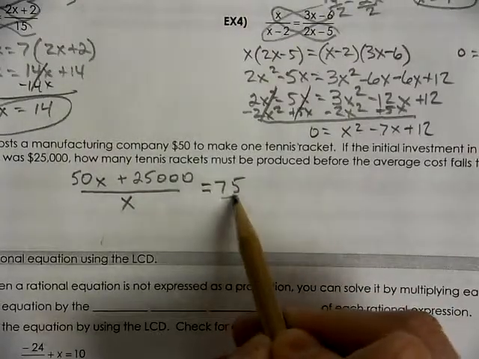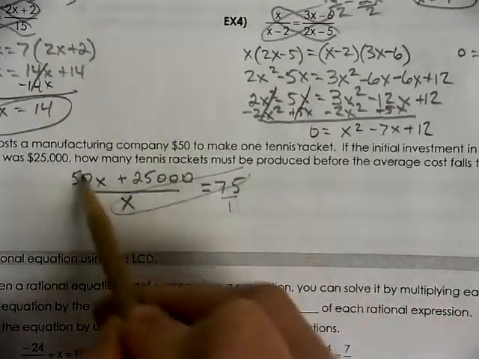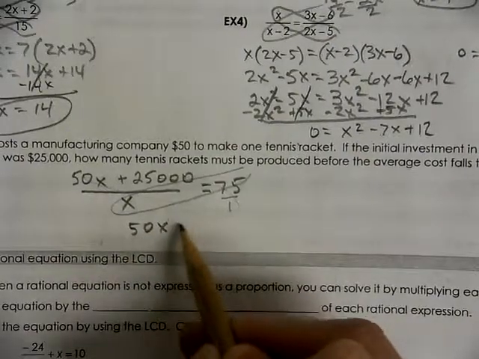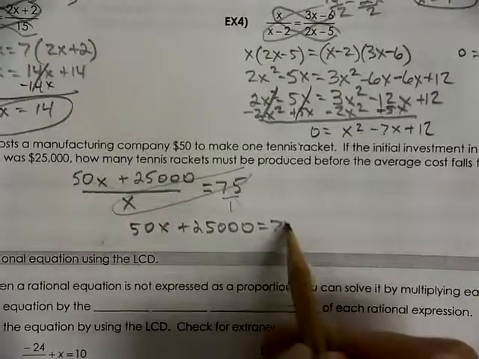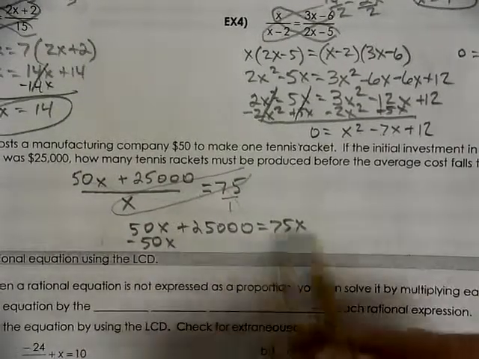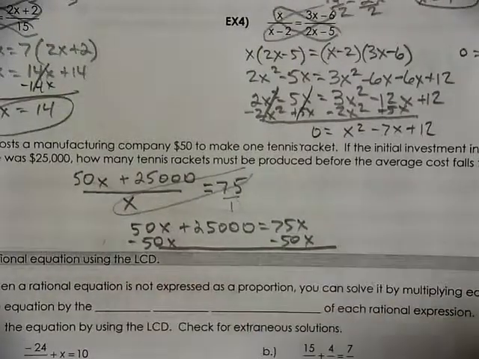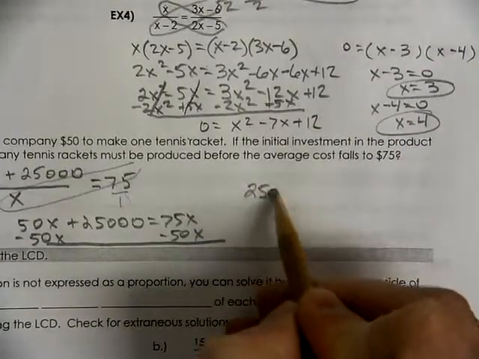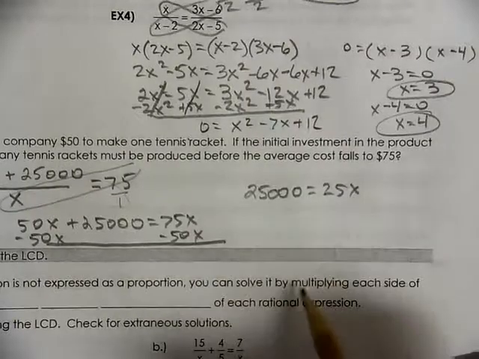So you can put this over 1, and now you have a proportion where you would cross multiply, and you'd get 50x plus 25,000 equals 75x, minus the 50x and we'd get 25,000 equaling 25x.